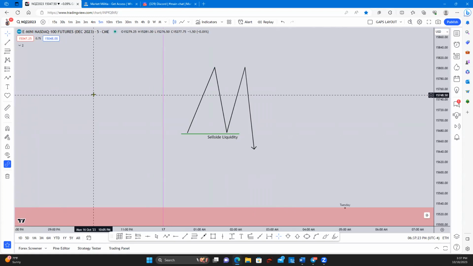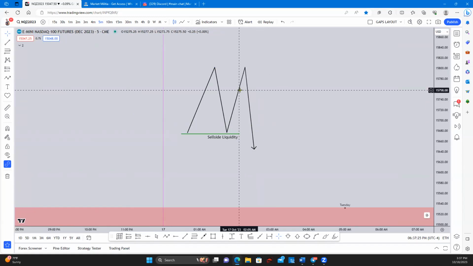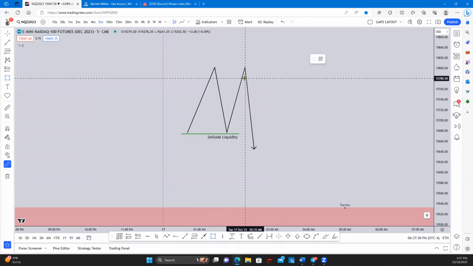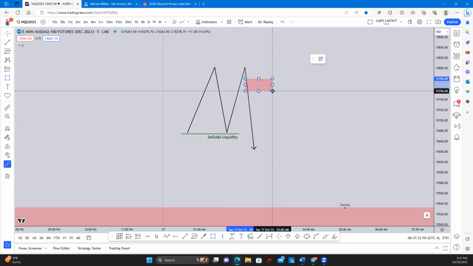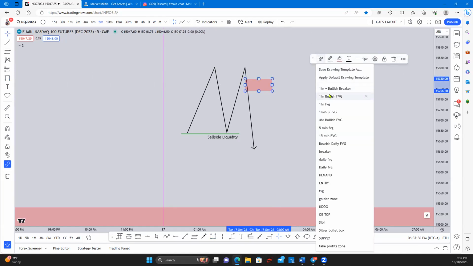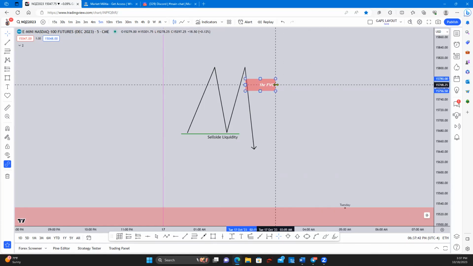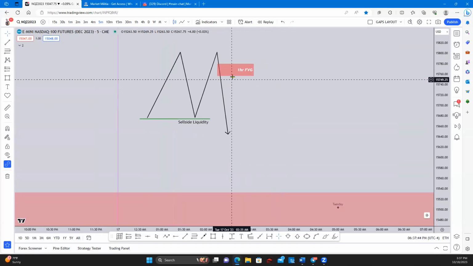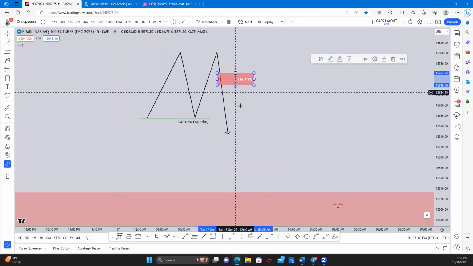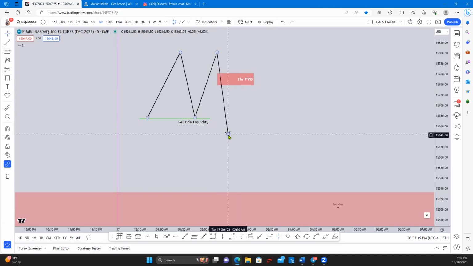And then let's say we have a 1 hour fair value gap up here. Let's say this is a 1 hour. Change it to red. So sell side liquidity ran.